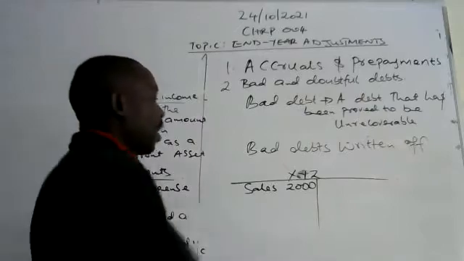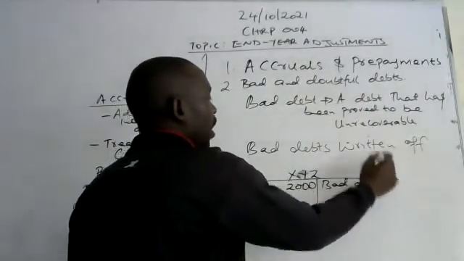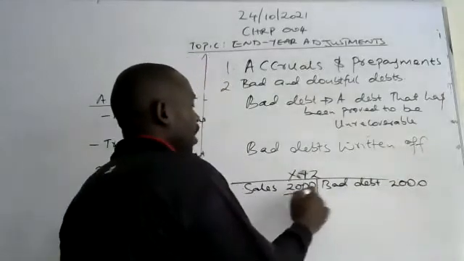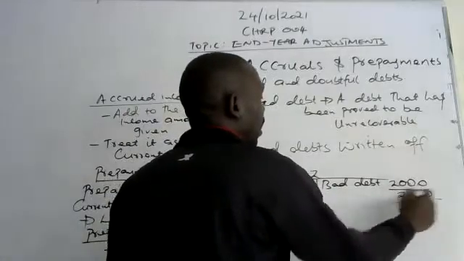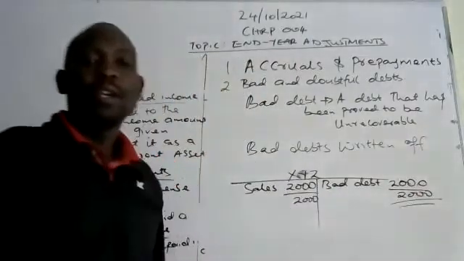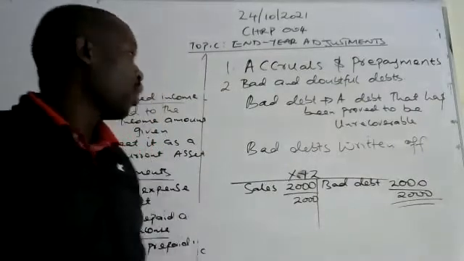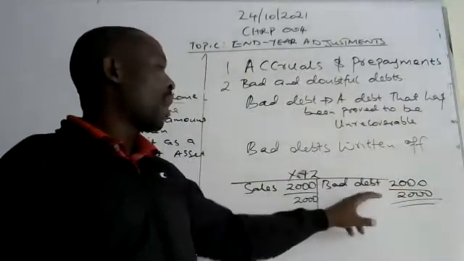You will come here and cancel it by transferring the money to an account we call the bad debt. You write there 2,000. Okay? So that now this one balances, 2,000 there, 2,000 there. It has no balance carried down, and that account has been closed. So it has been transferred from this debtor to an account called the bad debt account.